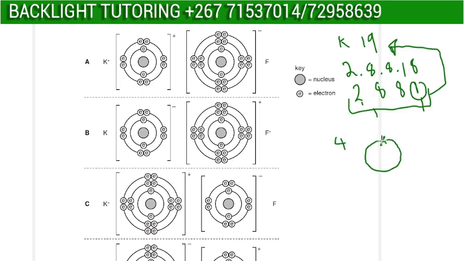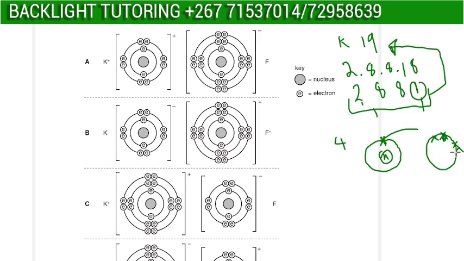Like this. It will have 1 electron, right? This is potassium, right? So this electron is going to be given to what? To fluoride. So fluoride, let me use a dot, right?